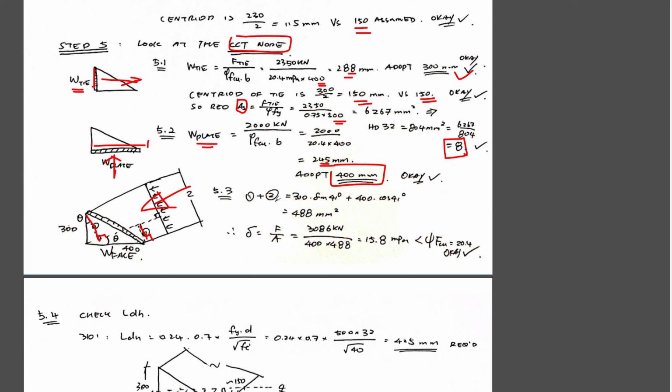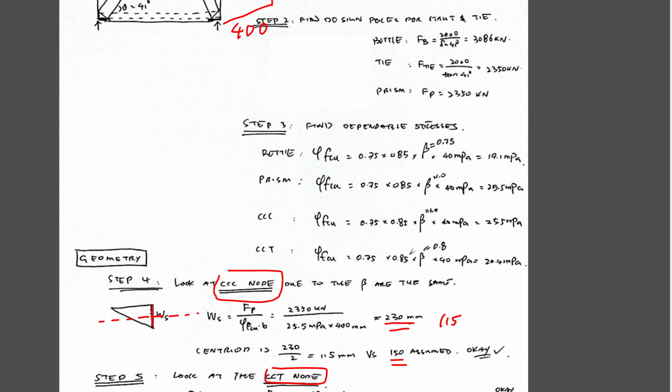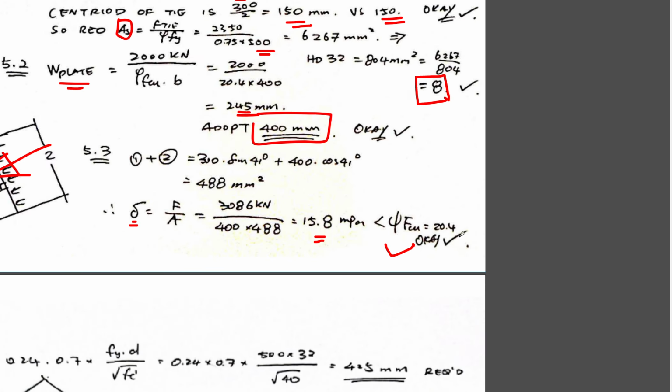So 1 plus 2, using a bit of trigonometry, gives the actual area 1 plus 2, that is 488. I can work out my stress as force over area, and that is going to be 15.8. You compare that to your CCT node allowable stress. What's that? 20.4. So 15.8 is well within that margin, which is okay.